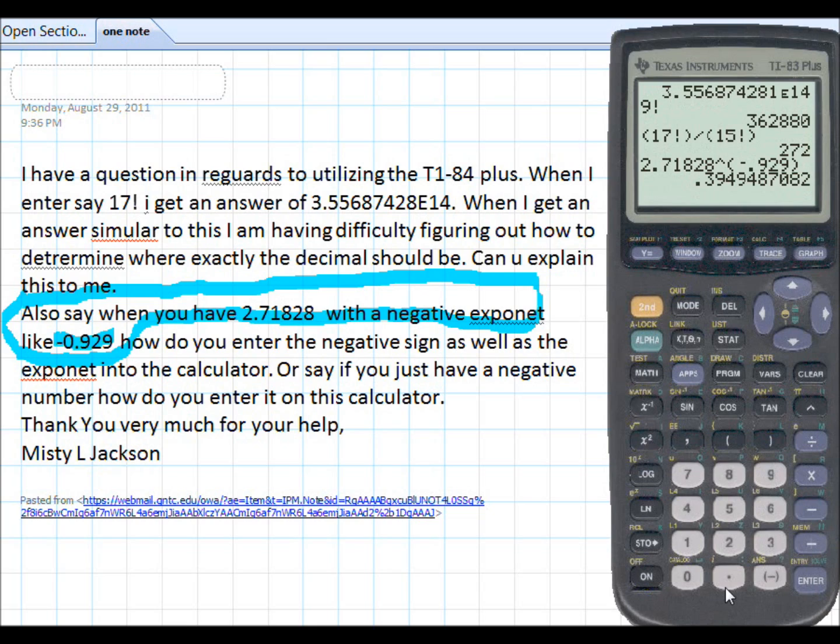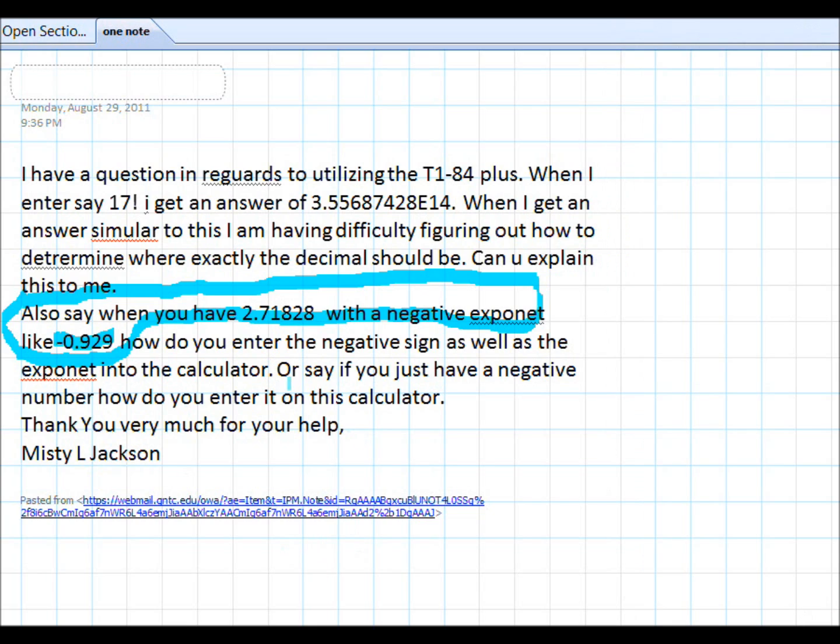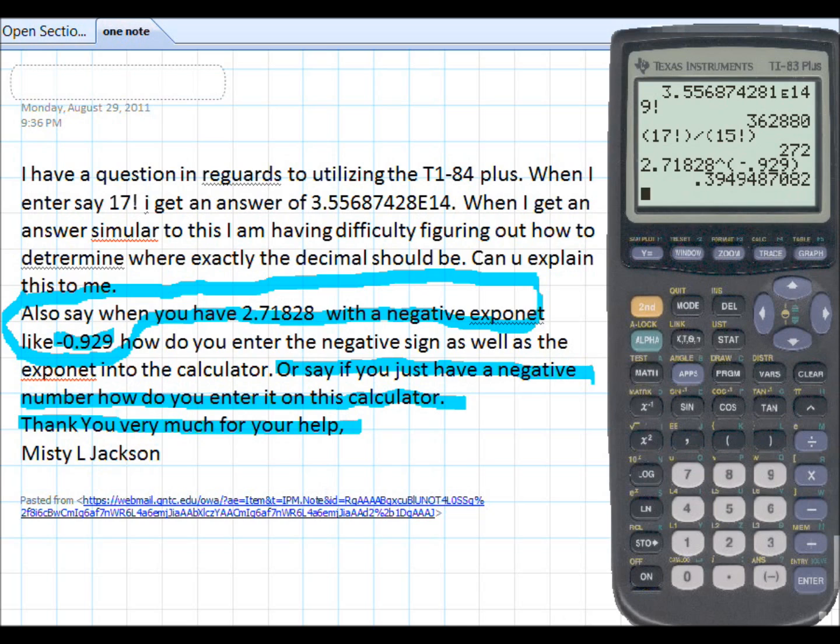Your last question, or if you just have a negative number, how do you put it in the calculator? I think I just showed it, but you actually have two signs here. Let me go through it real quick. 5 minus 4, that's your minus sign.